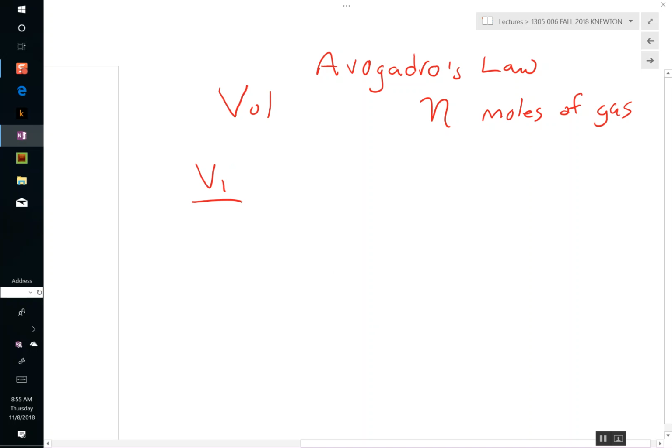So V1 over N1 equals V2 over N2. Just like Charles' law, where it's V1 over T1, they were directly proportional to each other. You increase temperature, it increases volume. Well, if you increase the amount of the gas, you increase the volume of the gas, if you keep the pressure and the temperature constant. That's Avogadro's law.